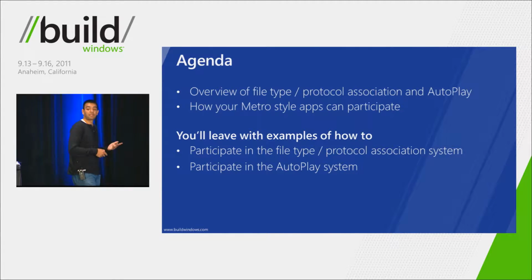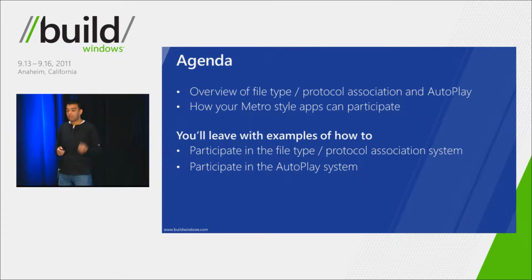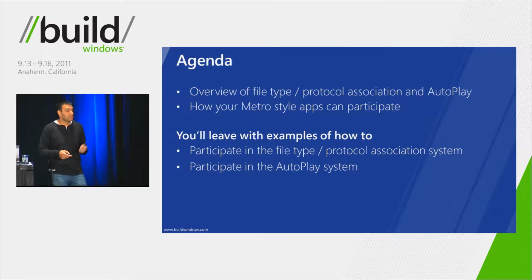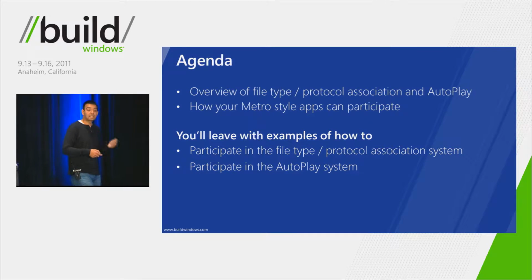So what we're going to cover today, here's a quick agenda. I'm going to walk you through the end user experience, the user model of file type association, protocol association, and AutoPlay. And what I mean by that is, from the consumer's perspective, when they interact with content or devices on their PC, what is the experience that they're going to see, where your applications are going to get promoted by Windows, where they can choose them as potentially default handlers to consume that content.